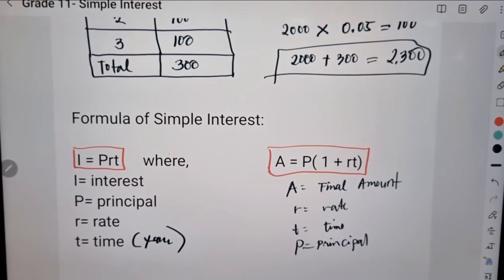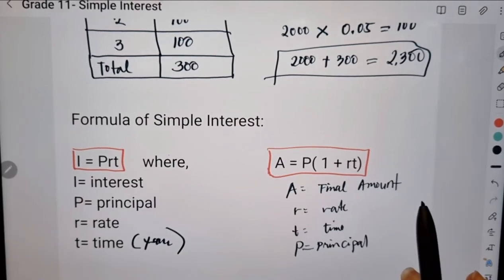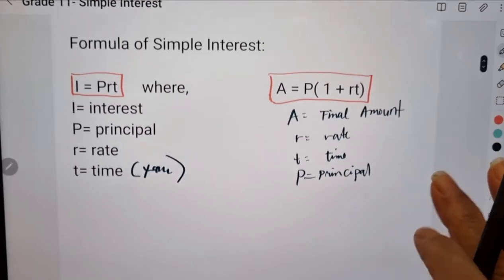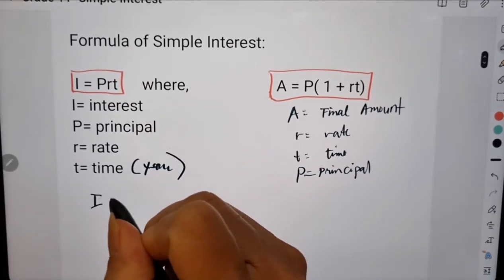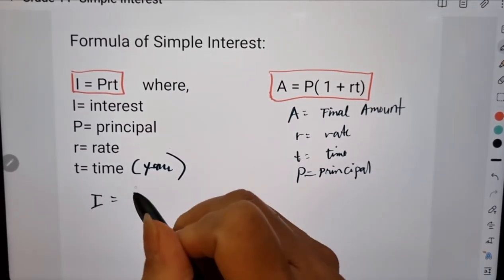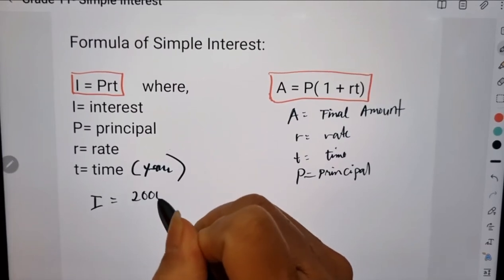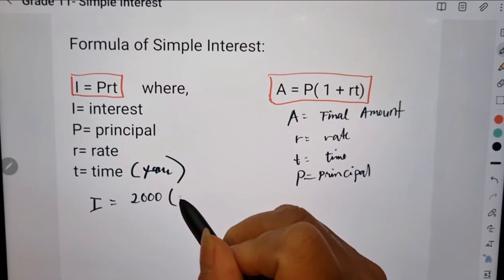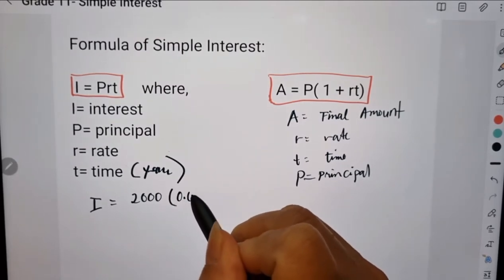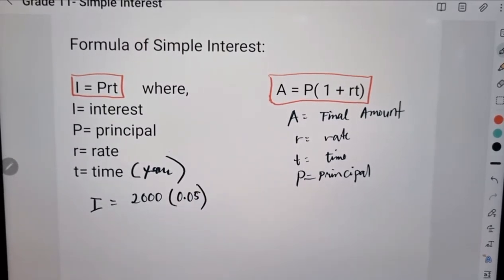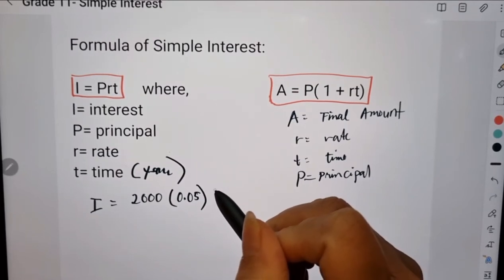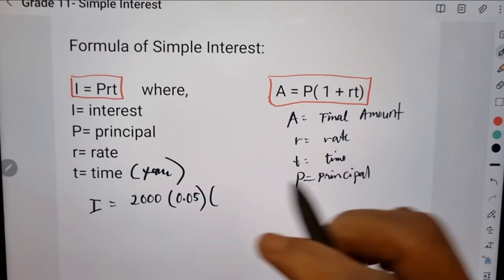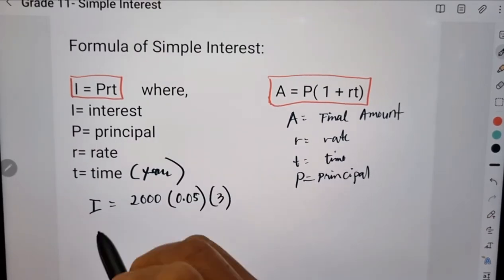Okay, so ngayon gusto nating i-apply yung formula na yan sa ating example doon kanina. Let's apply that. So hinahanap natin yung interest na kung saan ang principal natin ay 2,000. Ita-times natin siya sa rate natin na 5%, pero gawin natin siyang decimals. And then, ang time natin ay ilang years? 3 years. Okay.